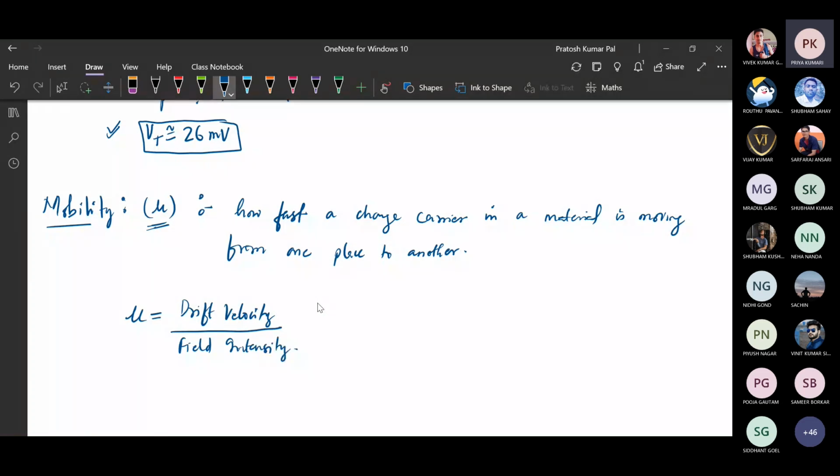The field intensity is called the electric field. So the mobility is Vd, the drift velocity, divided by the electric field.